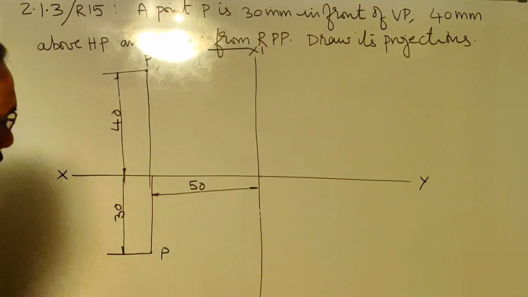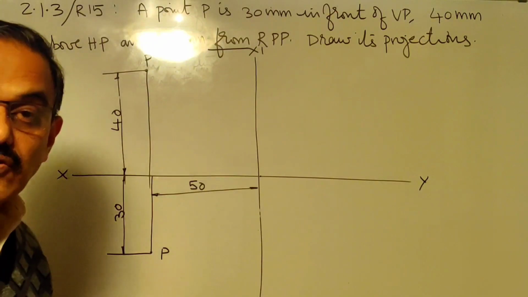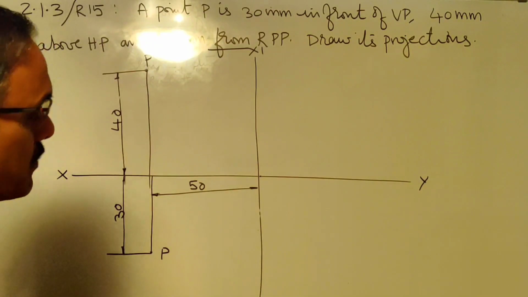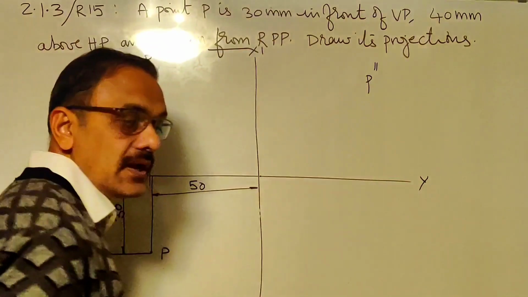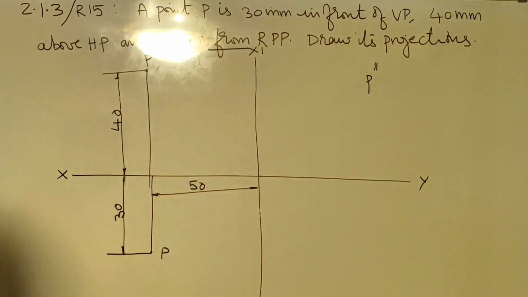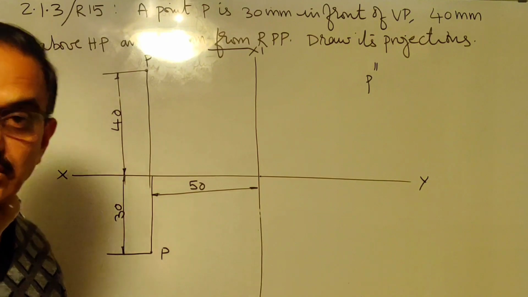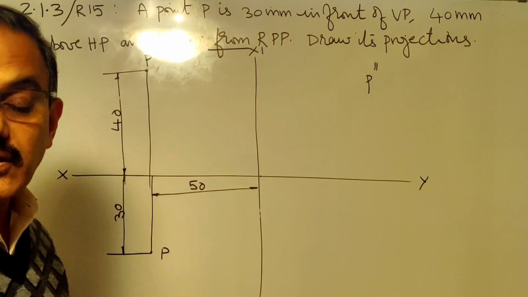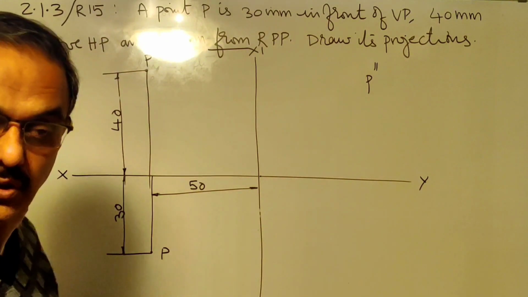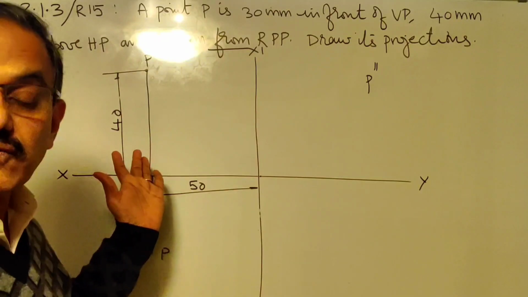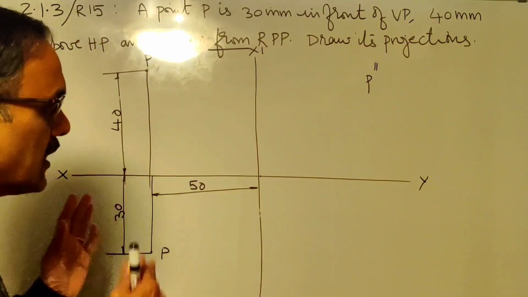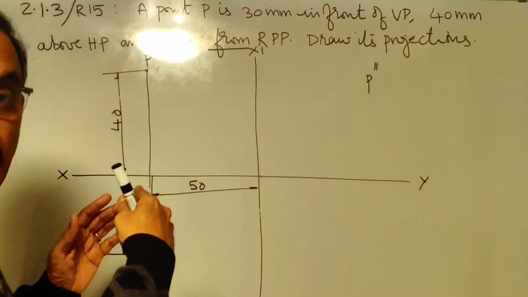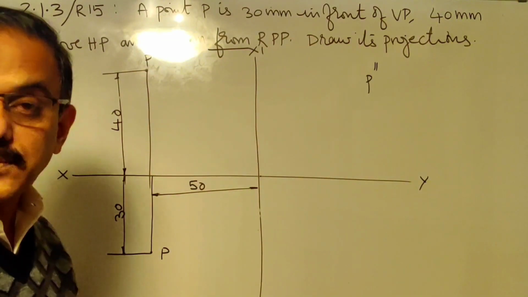Yes. Now let me tell you how to get the profile view of the point. How do you represent the profile view? P double dash. When it is double dash, it will give you the profile view. Now, is it the right profile view or left profile view? It depends on the method of projection that you are following. If you are following first angle projection, you get the right view on the left and the left view on the right, opposite.